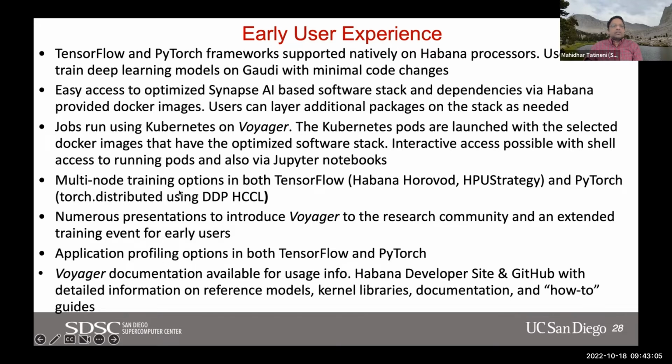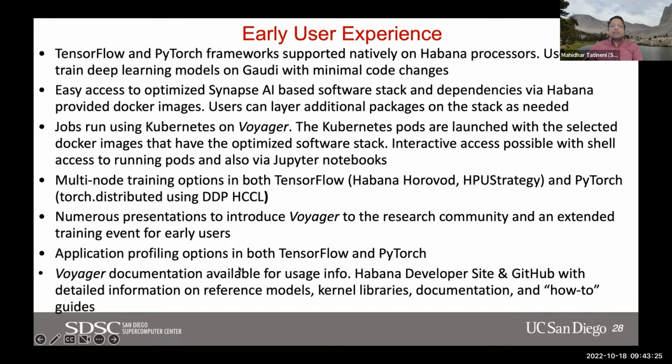Some of these details will be there in the second training that Habana experts will be at, in November. So if you have deeper questions about how these things are done, that will be in the second training that we do.